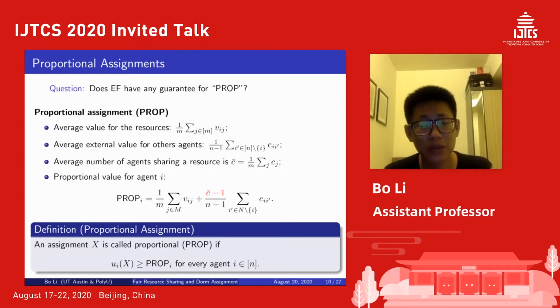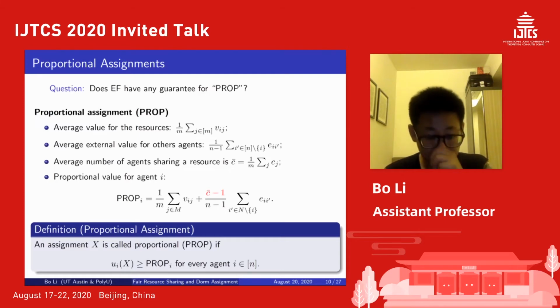Okay, now we are able to define the proportional value for agent i. It's just the summation of the average generic value and the average external values. So which is like this. But here we note that we should multiply C bar minus 1 to the average external values, because agent i also needs to occupy one position.